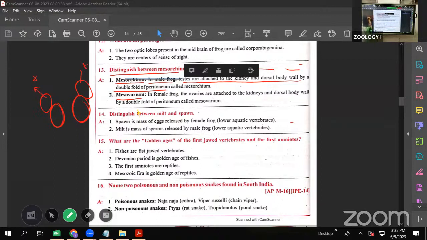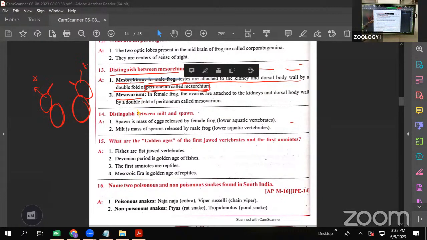They attach to the kidney, but they are also attached to the body wall with the parietal peritoneum. That peritoneum we call the mesorchium.